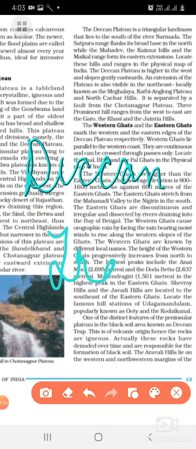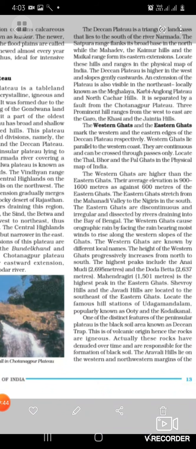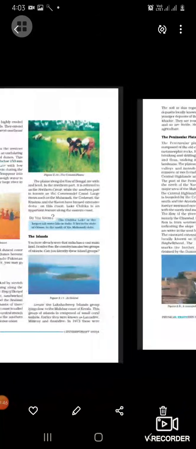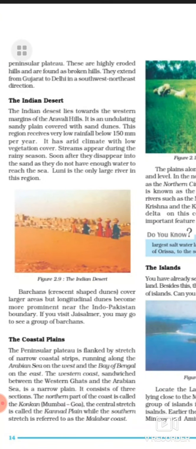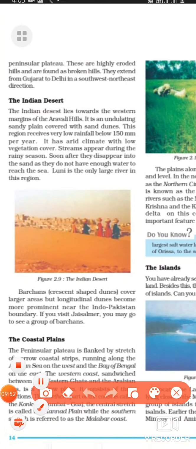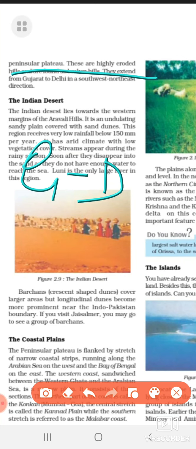The Aravallis lie on the western and northwestern margins of the peninsular plateau, and they are highly eroded and broken hills extending from Gujarat to Delhi in a southwest to northeast direction. So this is about the peninsular plateau.